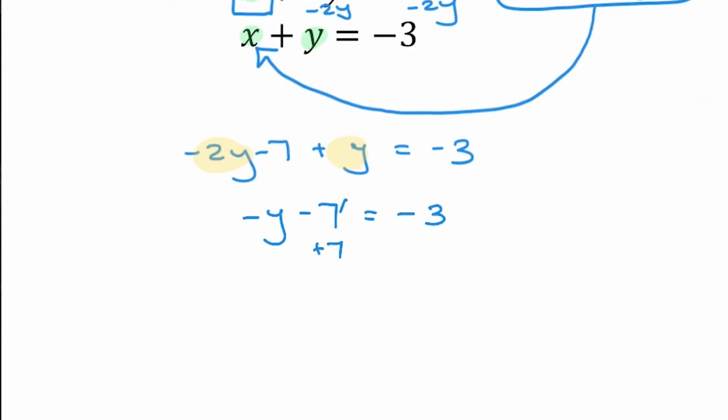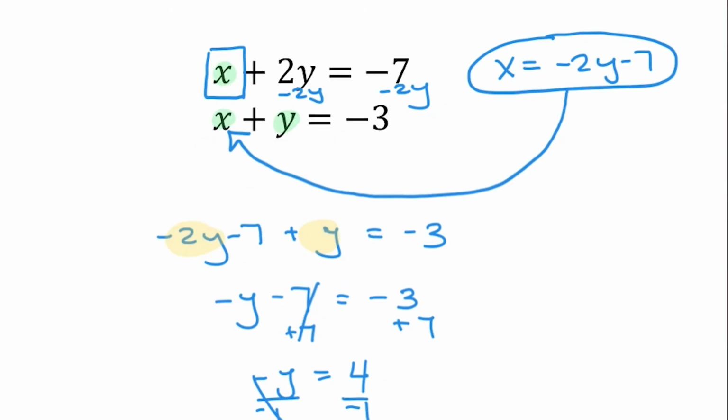Now I'll add 7 to the other side, which makes negative y equal to positive 4. And finally, to get y by itself, we just need to divide by that negative. And so y equals negative 4. So now we just need to solve for x, which is handy because I actually have this equation up here that's already solved for x.